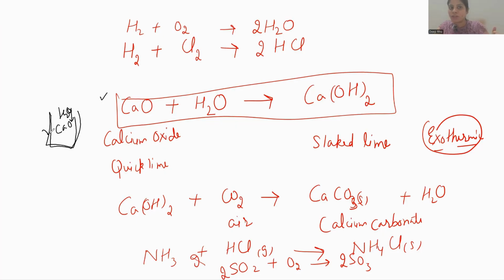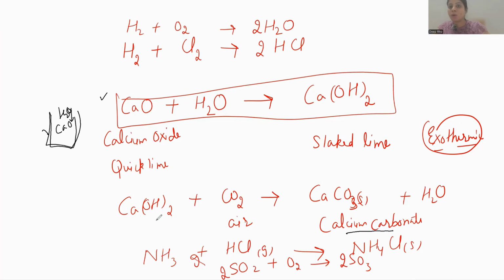an exothermic reaction. Calcium oxide, whose other name is quicklime, is going to react with water to form slaked lime, calcium hydroxide. After whitewash, 2-3 days later, you are going to see that the walls are shining because of the formation of calcium carbonate.